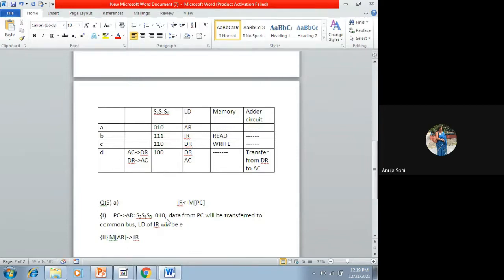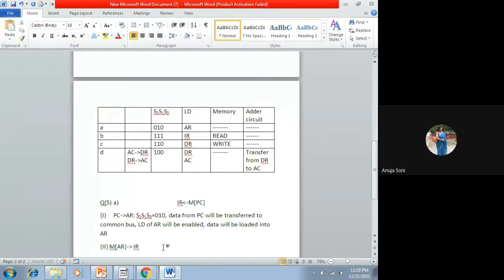Sorry, it should be AR, because it is going into the address register. The load of AR will be enabled and data will be loaded into AR. So the first register transfer statement has taken place.